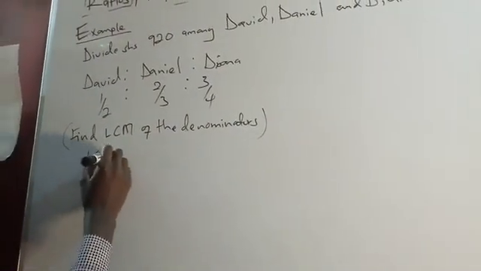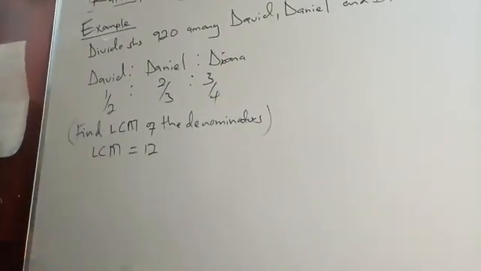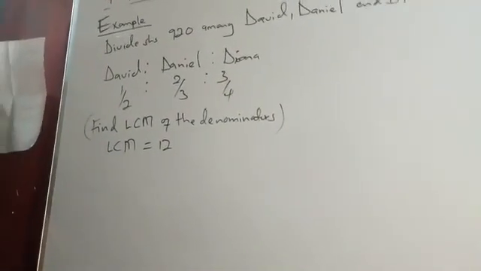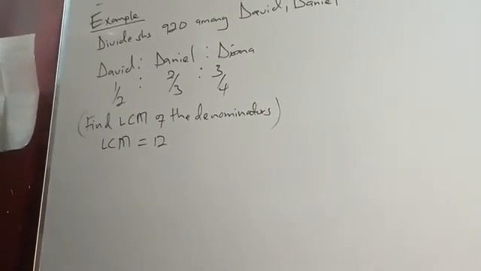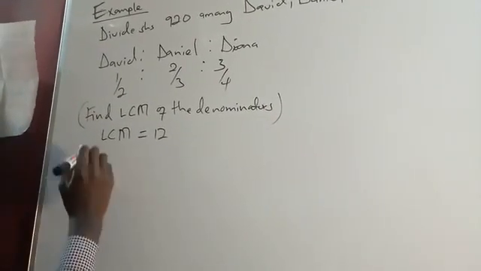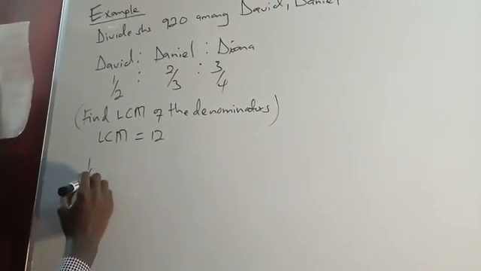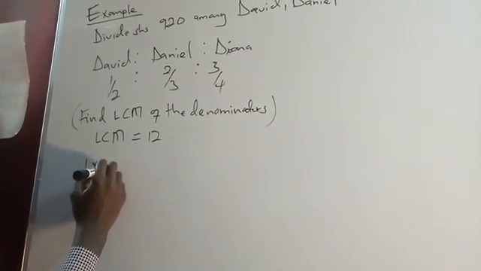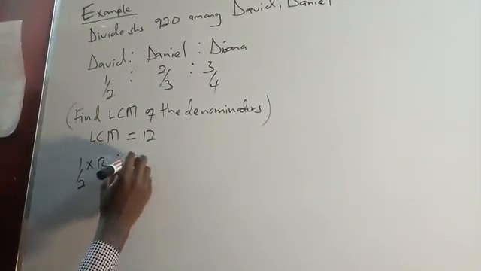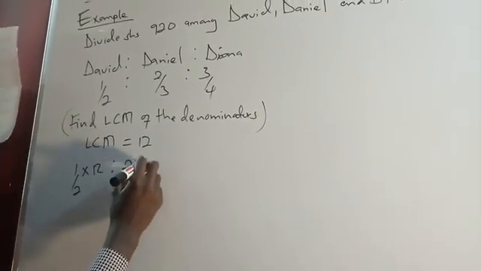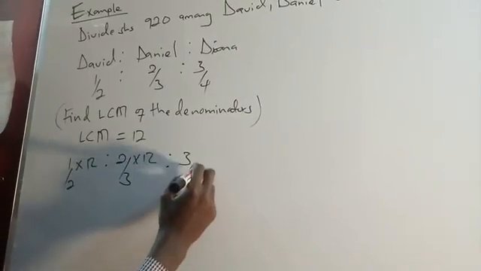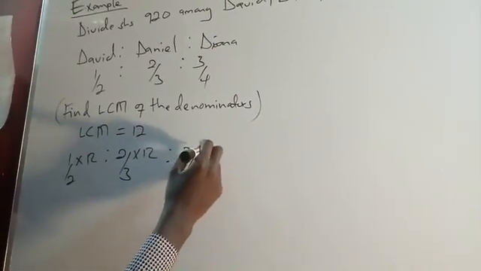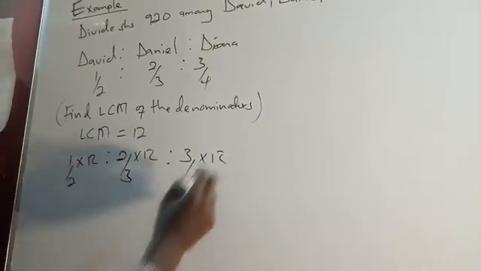LCM is 12. So we are going to multiply each ratio with the LCM: a half times 12, 2/3 times 12, and 3/4 times 12.